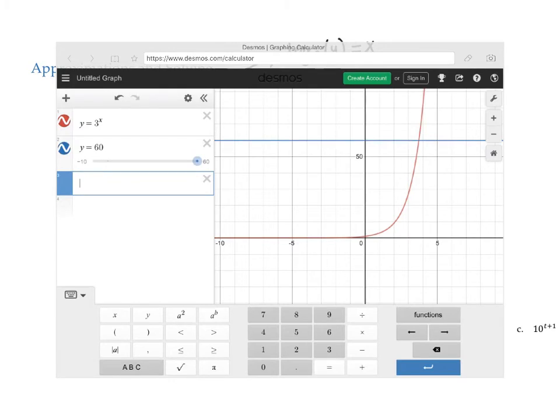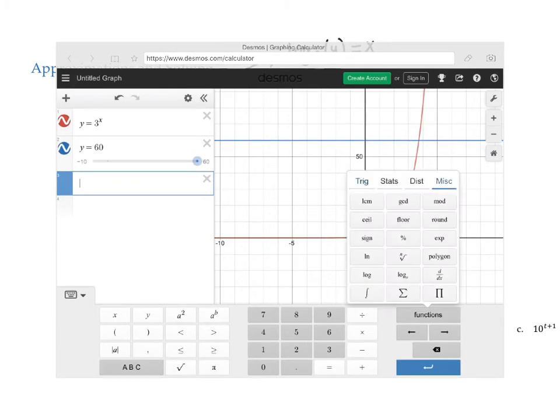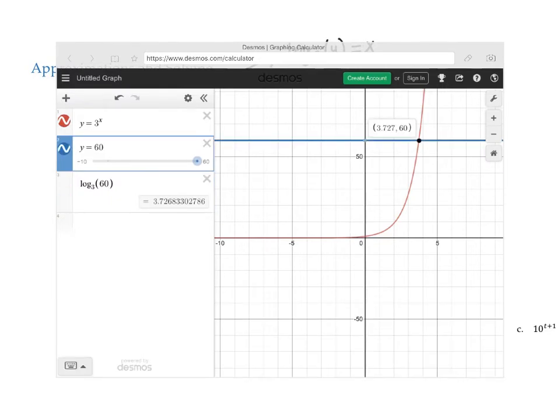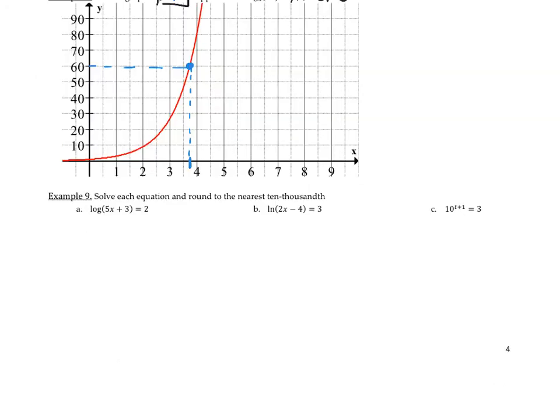The other way that we could do this is we could actually just put the expression into our calculator. So we could say log base 3 of 60. And what I want you to notice is that the x-coordinate of the intersection point, 3.727, is the same as what Desmos evaluates log base 3 of 60 to be, 3.72, and then this would round to 7.